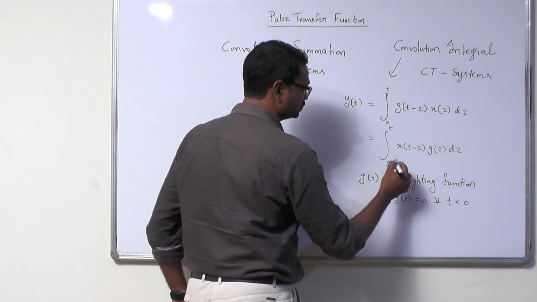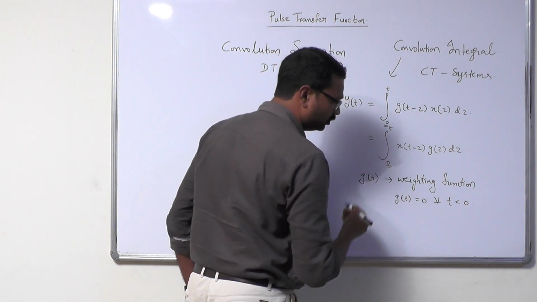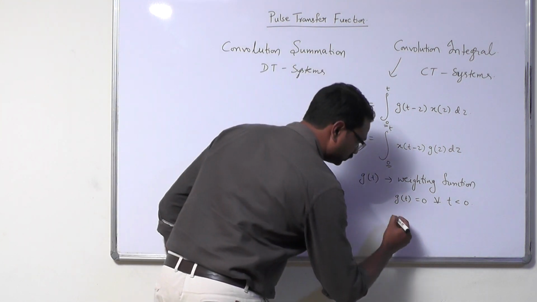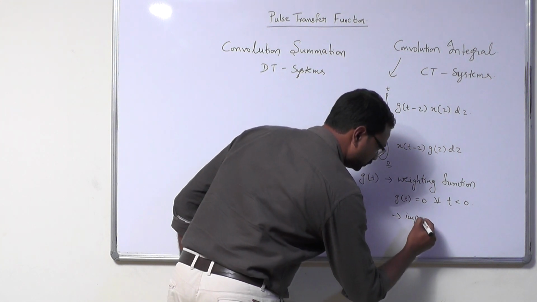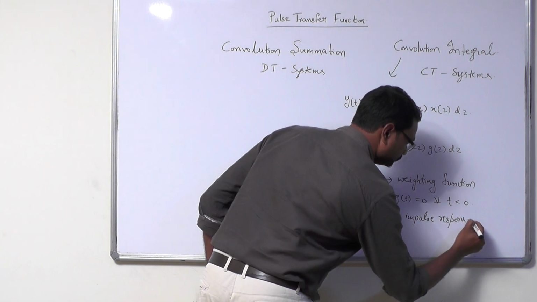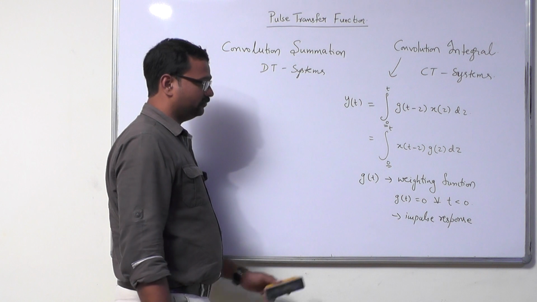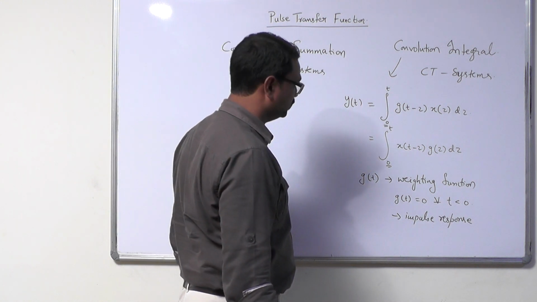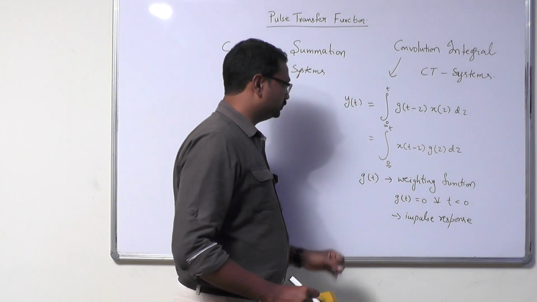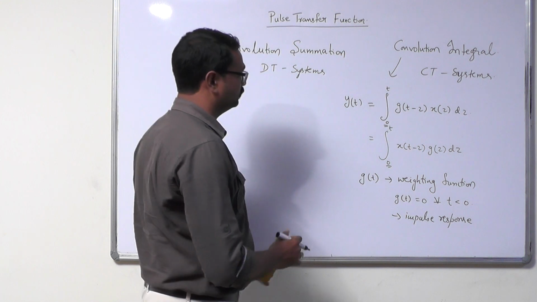That is, it exists only from 0 to t, and it does not exist below time t equal to 0. Right? Or g of t can also be called the impulse response. The impulse response g of t is the impulse response to an impulse function x of t. Therefore, y of t is the integral from 0 to t of g of t minus tau, x of tau, d tau.